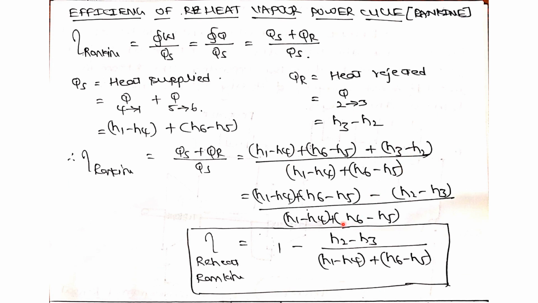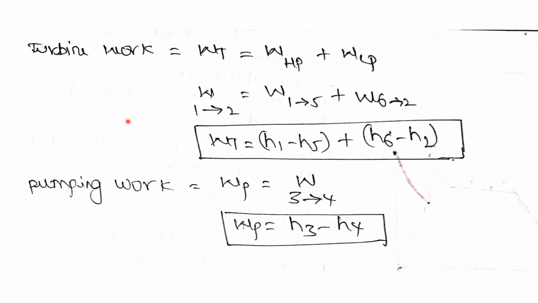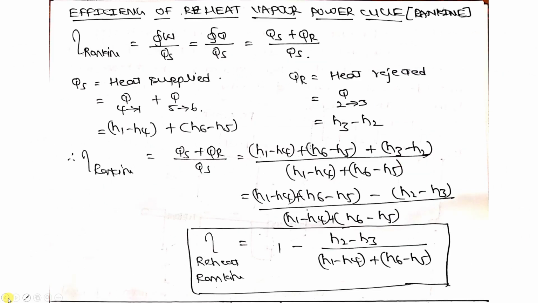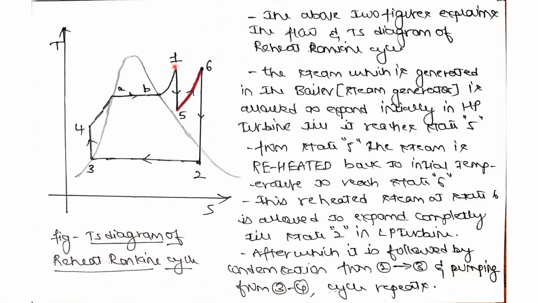Similarly, you can calculate the turbine work output and the pumping work. Where are your turbines? Your turbines are from 1 to 5 and 6 to 2. You must add the two turbines to get the net turbine work output. Work is initial minus final, so it is H1 minus H5 plus, for the second turbine, initial minus final, H6 minus H2.